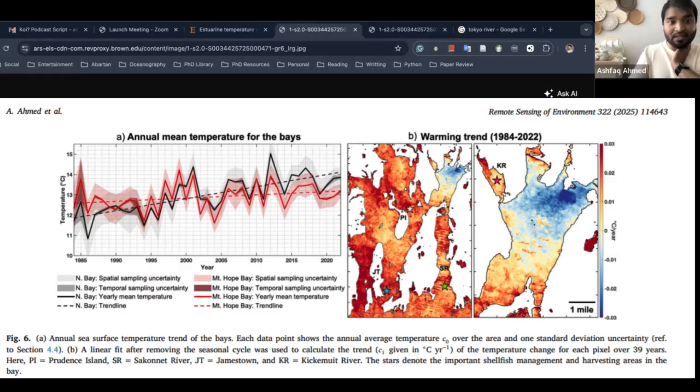This is a very dangerous rate. We figured out that the rate of this increase in Narragansett Bay is 5 times larger than the global ocean temperature rate. This is not only for Narragansett Bay; all the estuaries in this world have their average temperature increasing at an alarming, dramatic rate.